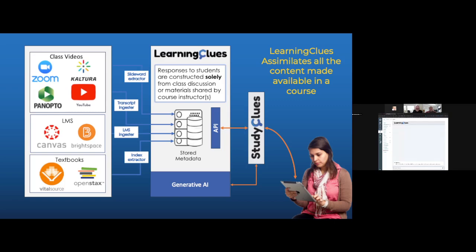What you're seeing right now is an example of the system. We call it LearningClues, and we have LTI integration into every LMS. This is in Canvas, and this is a test case we're just trying out for your example here.